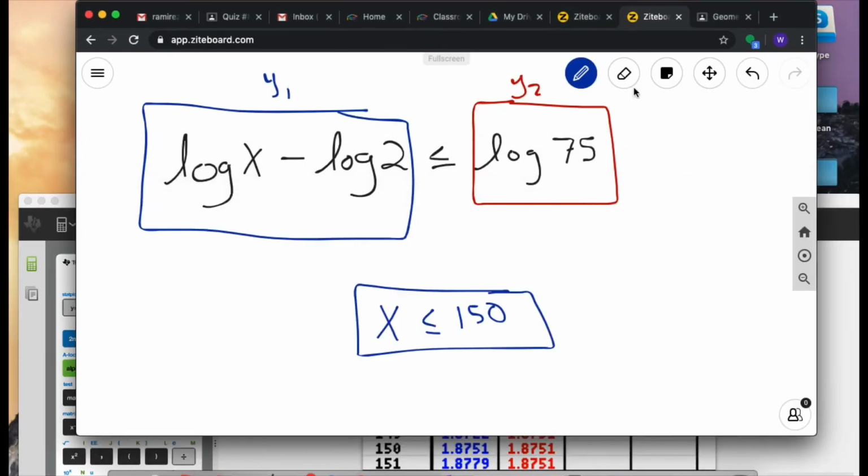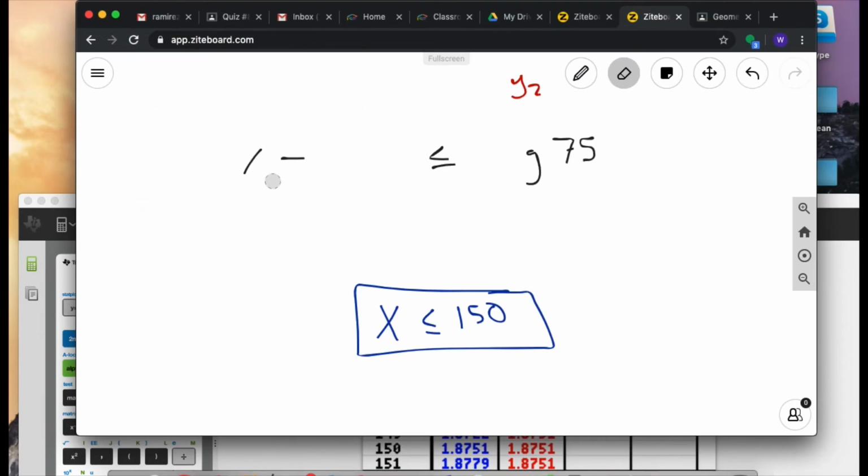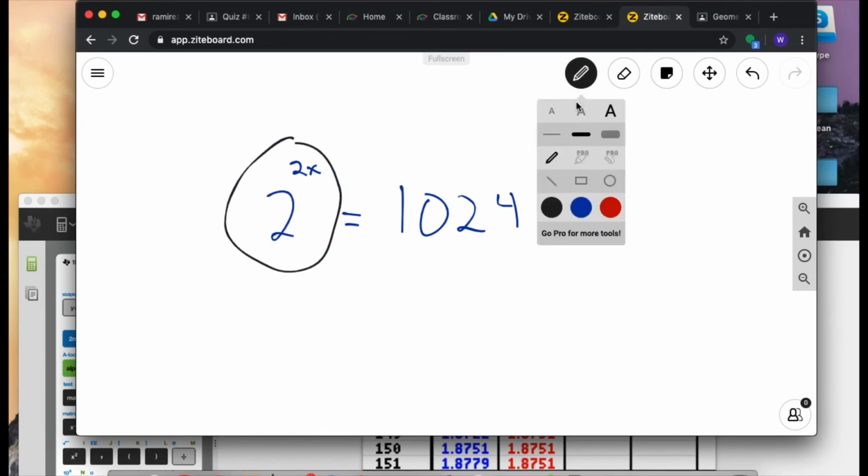Let's do another example. Let's look at an exponential equation. Let's say that I had 2 raised to the 2x equals, not an inequality, 1024. So again, I'm going to change this into a left-hand side of the equation and the right-hand side of the equation.